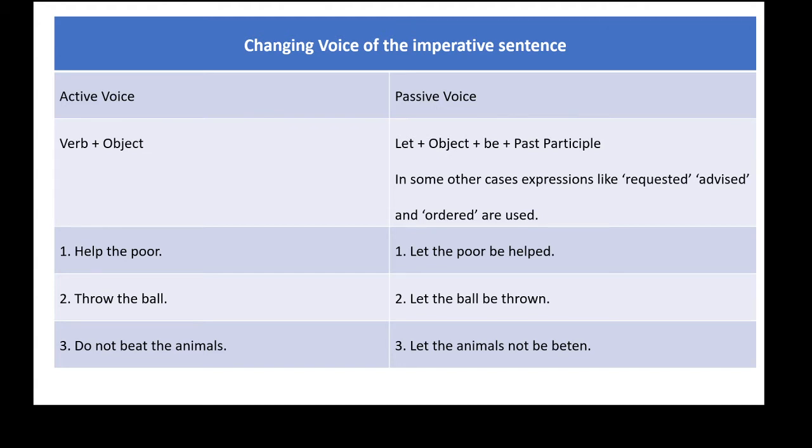It will be followed by be, and be will be followed by past participle of the main verb. In some cases, expressions like requested, advised, and ordered are used. Let us understand this with the help of following examples.